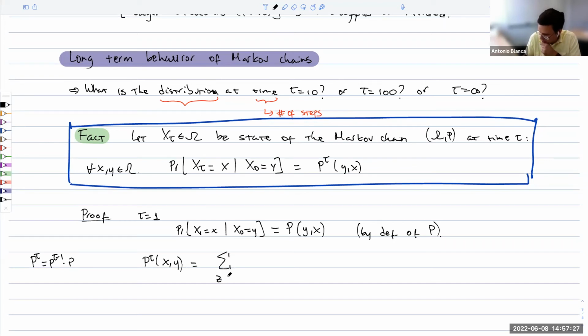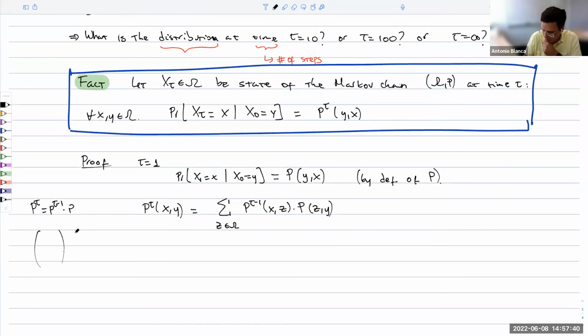So this is the summation over c in omega of P^(t-1) times P. I'm just doing matrix multiplication here. Do you agree with this? This is some matrix, this is some other matrix, and this is going to be equal to some other matrix. If we want to know one entry, we take the summation that moves through these entries, and that's exactly what I'm doing there.